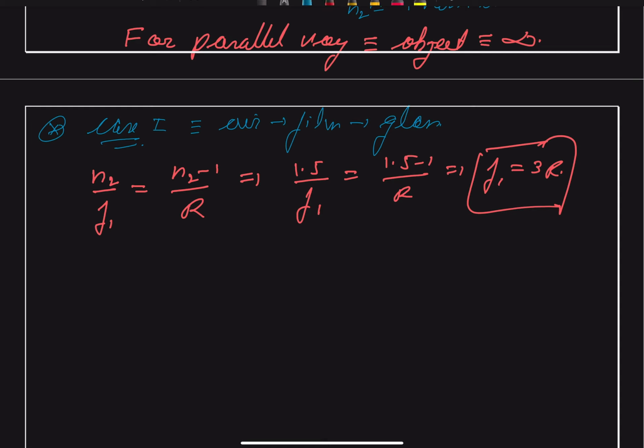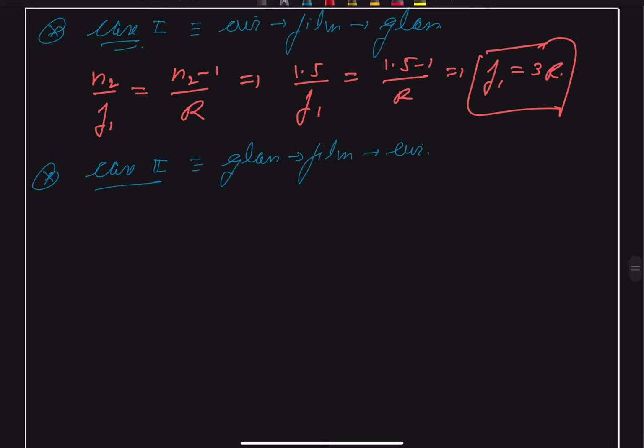And we have case 2, which gives us glass, film and air. So N2 is the refractive medium, that is 1 upon F2 is equal to 1 minus 1.5 divided by R, and this is quite simple, so F2 will be equal to minus 2R.